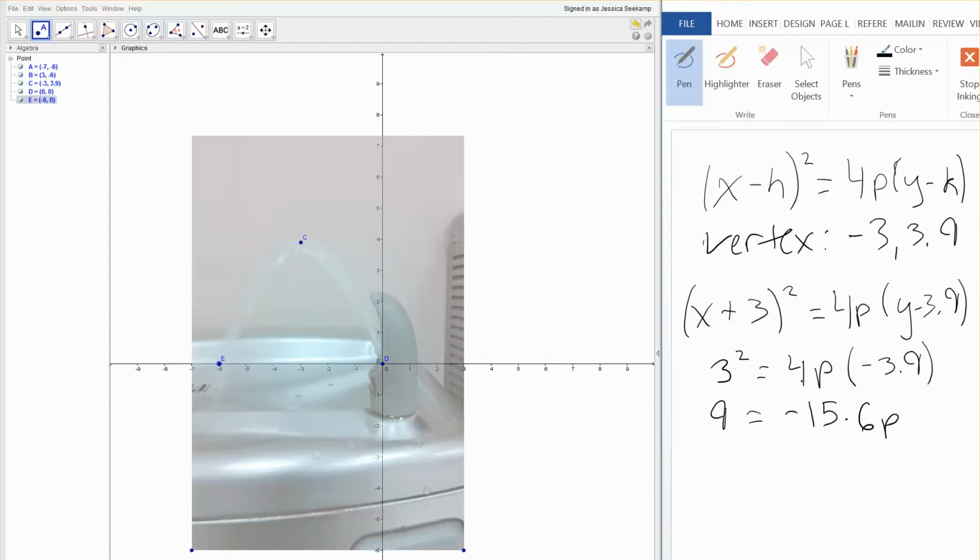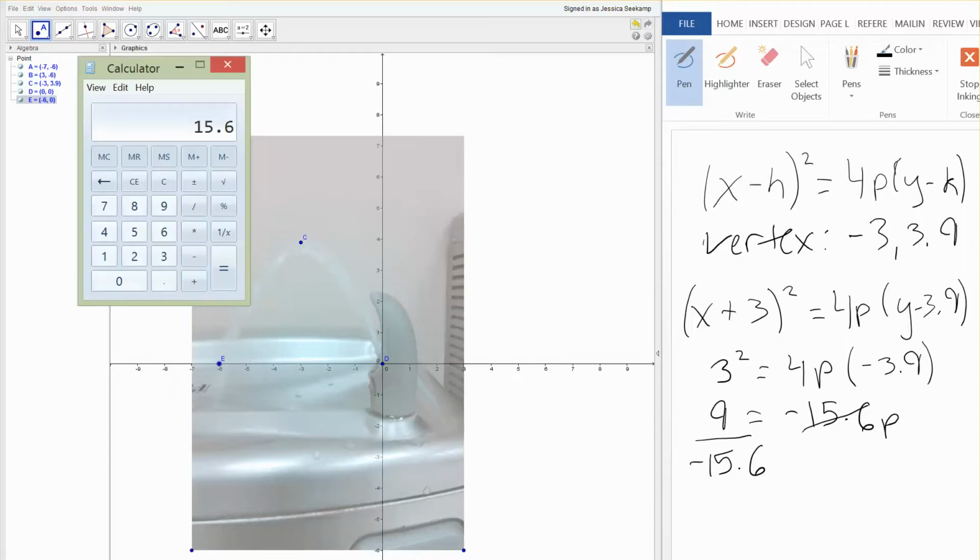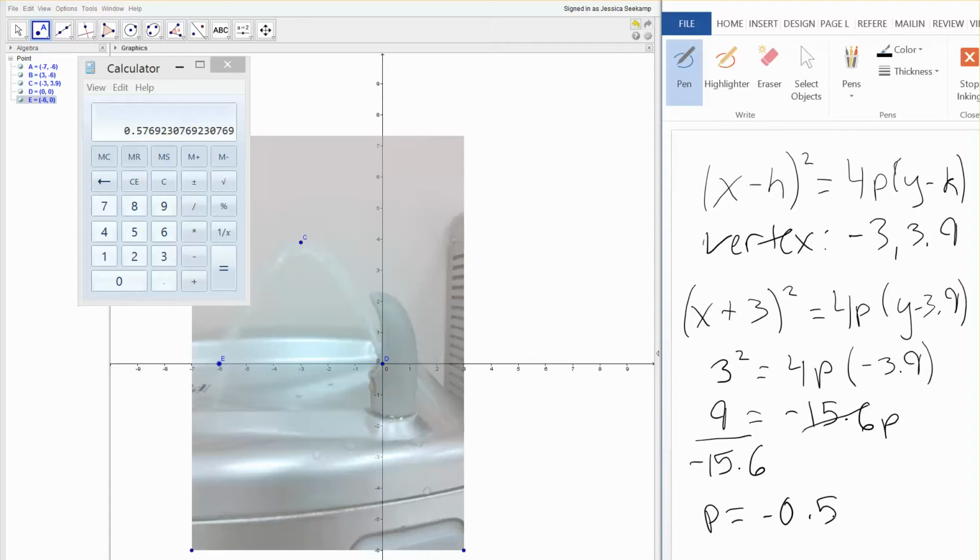p, 4 times -3.9 p, and then to solve for p, I'm just going to divide both sides by -15.6. Okay, and use your calculator again, and 9 divided by 15.6 is -0.5769, so p is then equal to -0.5769.